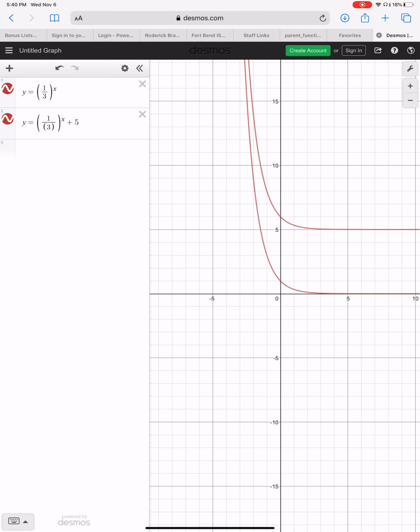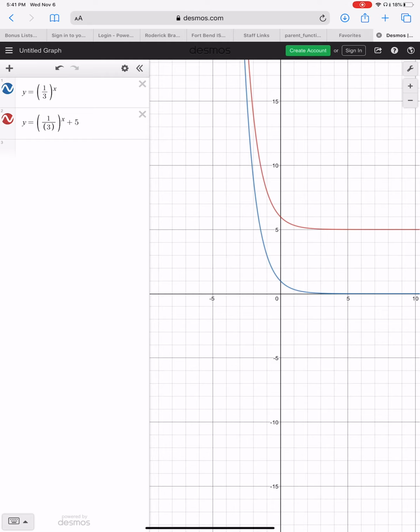You click on the function and you hit the little spin wheel and you hit that color. So if I want to make it blue, I make it blue, and then now you can see which one is which.